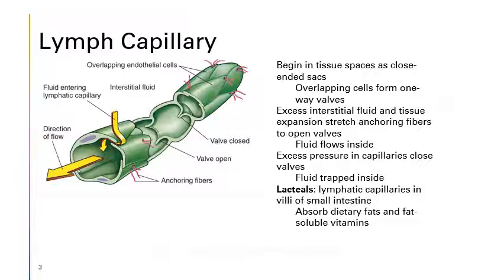So there's one direction that it can come in and one direction of flow. That's going to be important before we talk about how the lymph moves throughout our body. So this is just a little up close picture of that capillary and what's happening as the movement occurs.